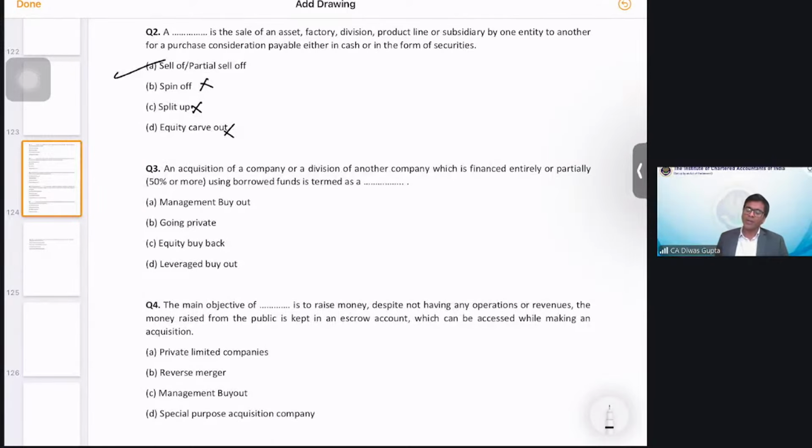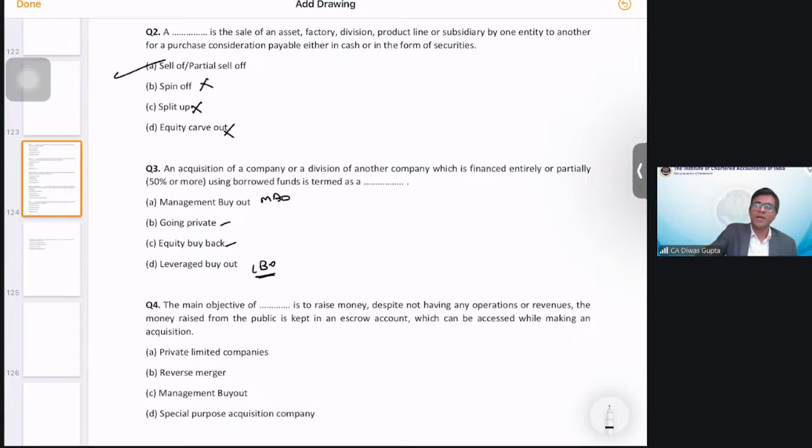An acquisition of a company or a division of another company which is financed entirely or partially using borrowed funds is termed as. So you are using borrowed funds, right? This was management buyout. This is going private, equity buyback, and leveraged buyout. Come on, students.